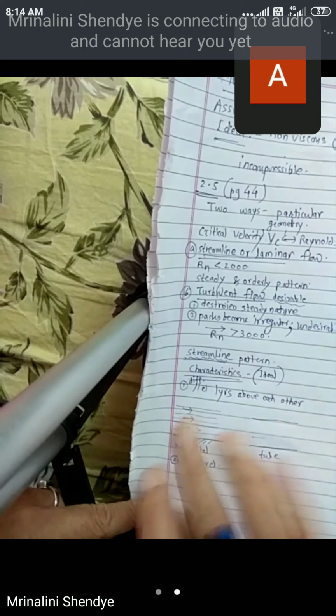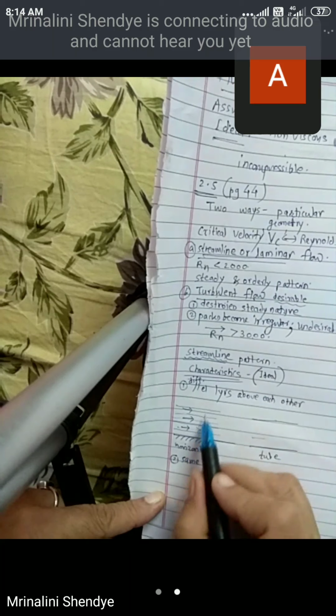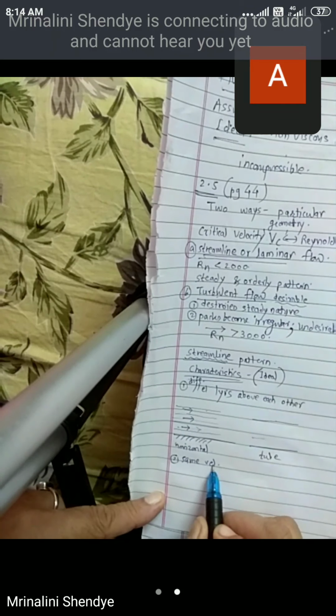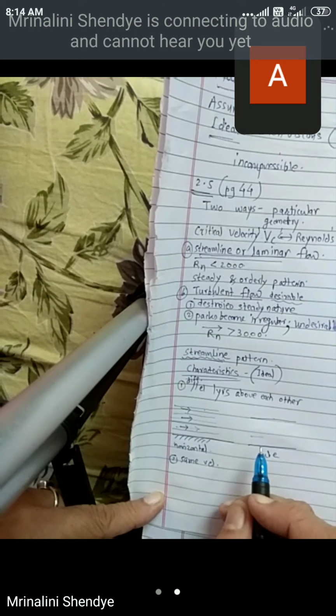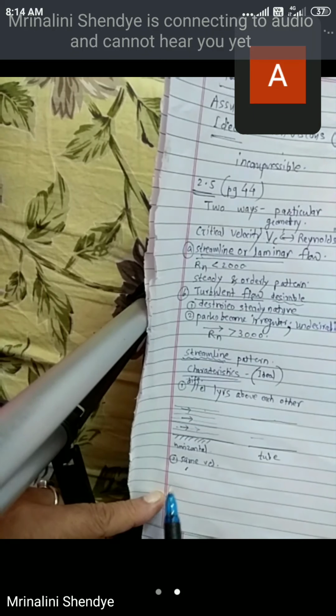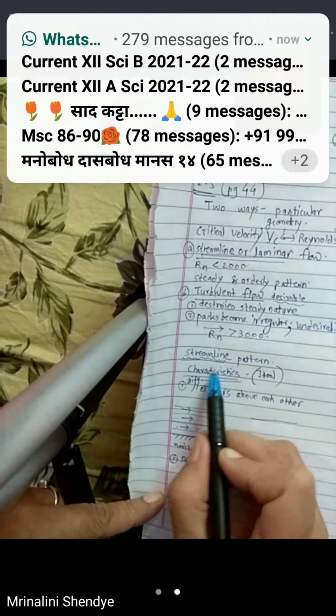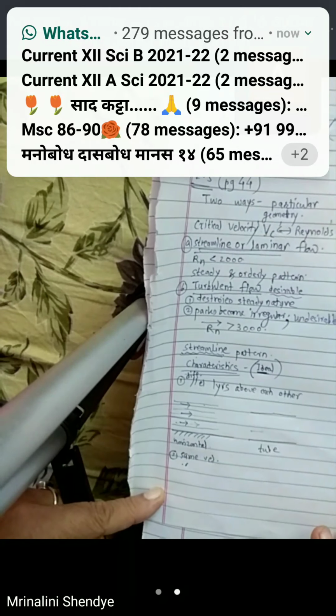There is no internal agitation. So the sub layers can move with the same velocity. That is, particles moving in any part of the liquid all have the same velocity. This is only applicable if the fluid is ideal. Keep this in mind too.